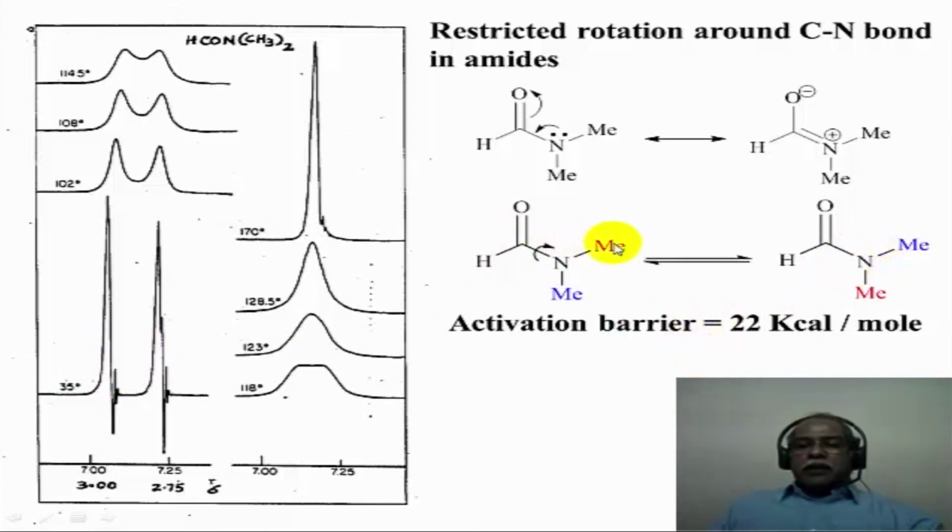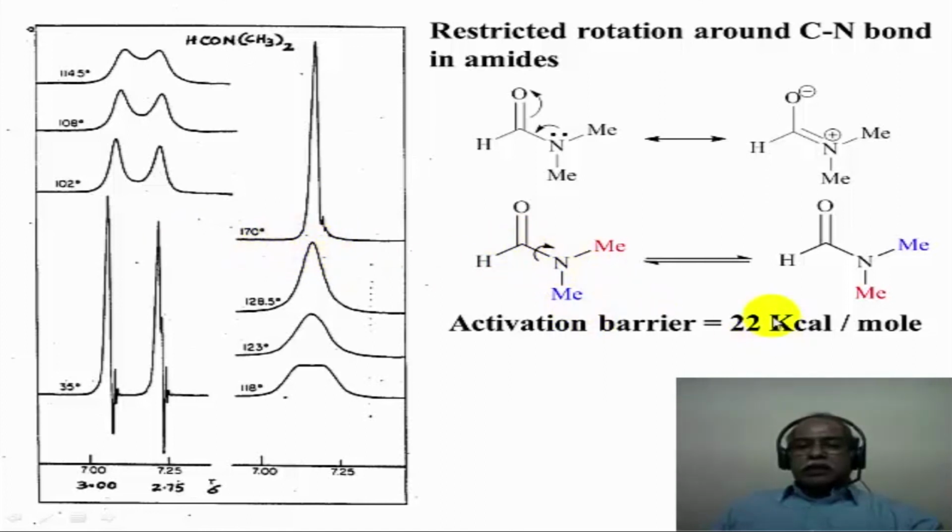If it is going to undergo a rapid interconversion, these two methyl groups will interchange their places. The blue now has become cis to the oxygen, and the red has become trans to the oxygen. If such a rapid interconversion were to take place, the coalescence will take place, and these two methyls will essentially appear as a singlet. In fact, at 170 degrees Celsius, the molecule shows a singlet for the two methyl groups.